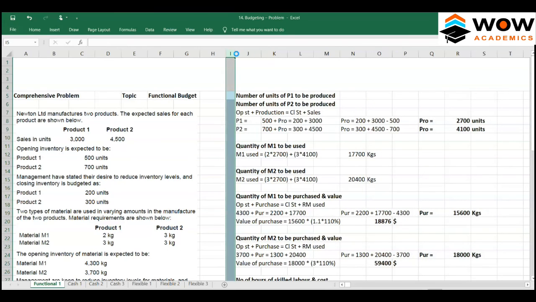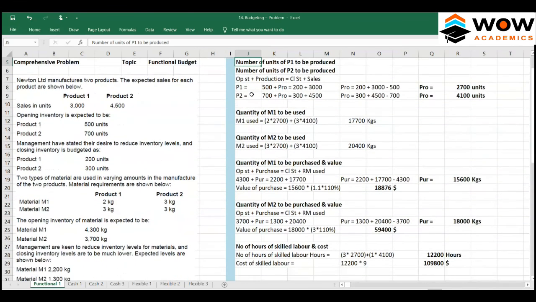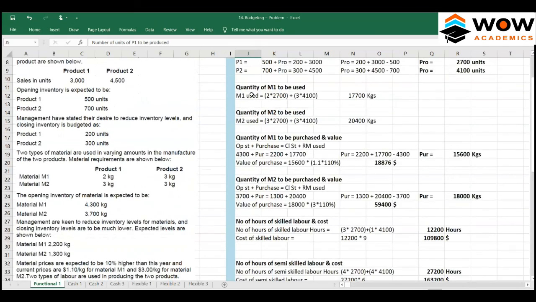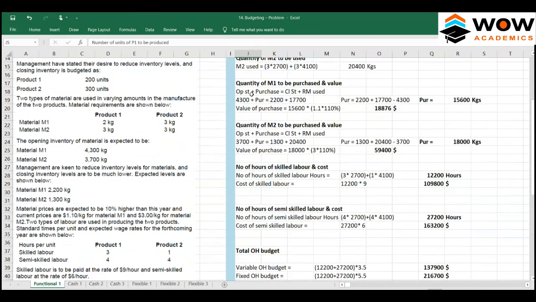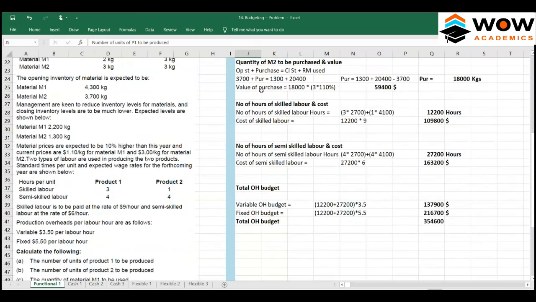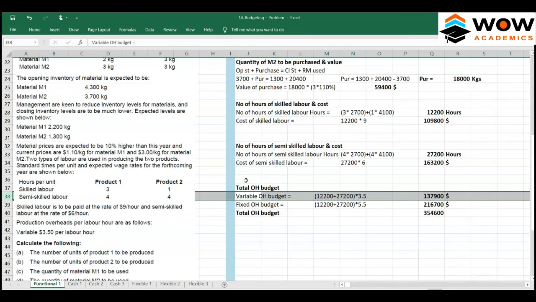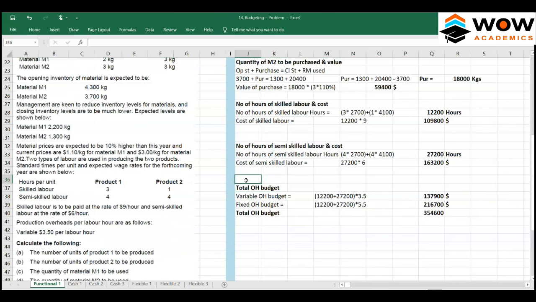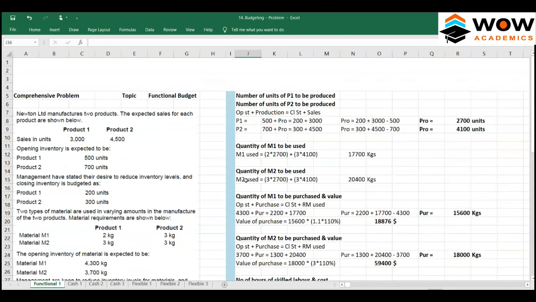I think now you would get a better picture. You can view here, this is the first part of it, and this is the last part of the budget. So we'll move on to the next type of budget.